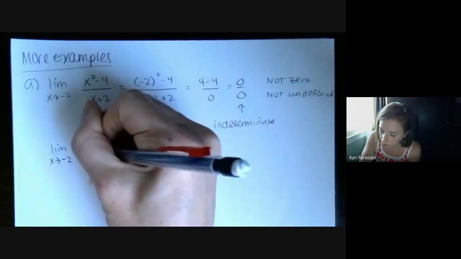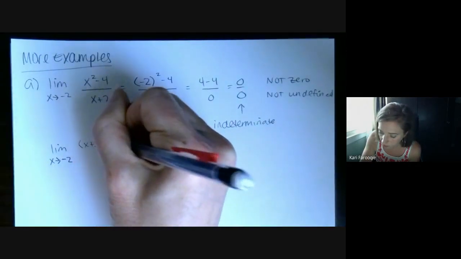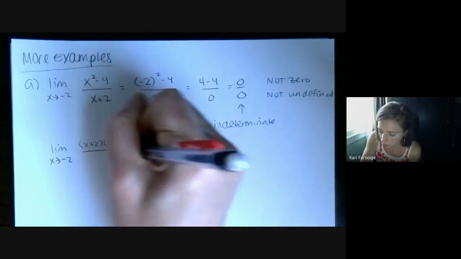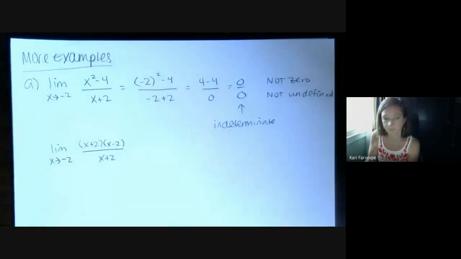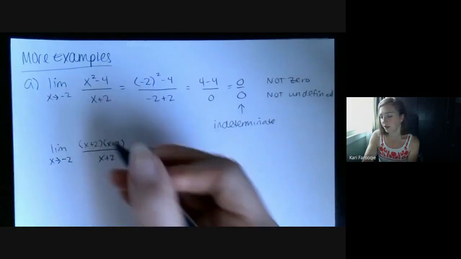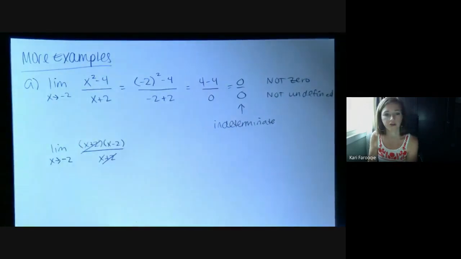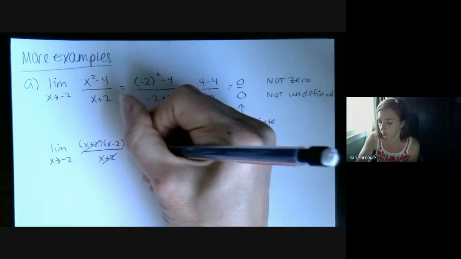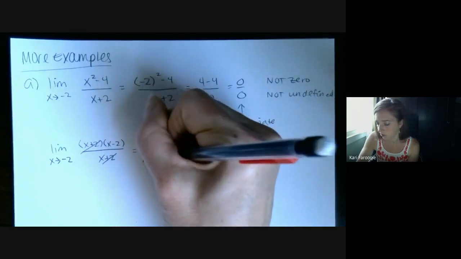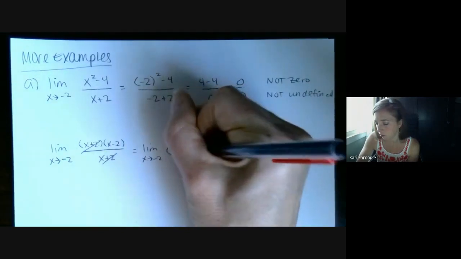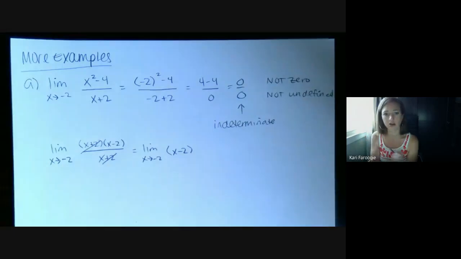So I can rewrite this as x plus 2 times x minus 2 using the difference of 2 squares. And then I can cancel out these factors of x minus 2. Now remember, I have to be able to factor it before I can cancel it, and that's what I did. And what that leads you to then is the limit as x approaches -2 of just the quantity x minus 2.